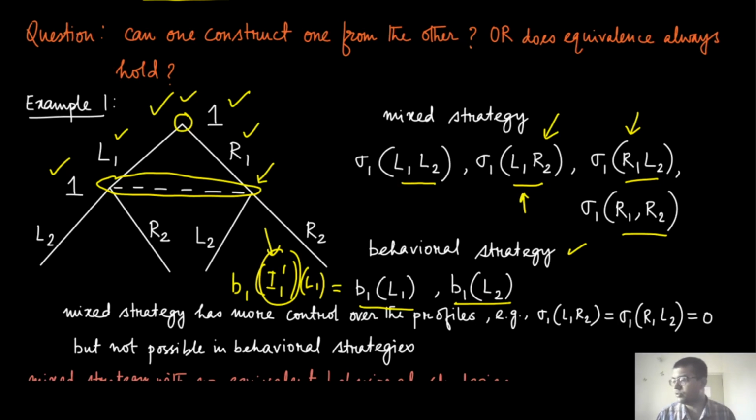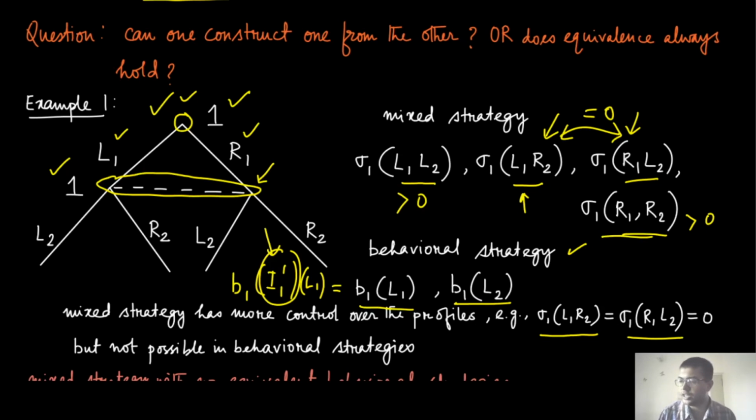In particular, suppose L1 R2 and R1 L2 have probability 0, and for both L1 L2 and R1 R2 the probability masses are positive, maybe half and half. If you apply the previous principle, can you find a behavioral strategy which will give an equivalent representation?